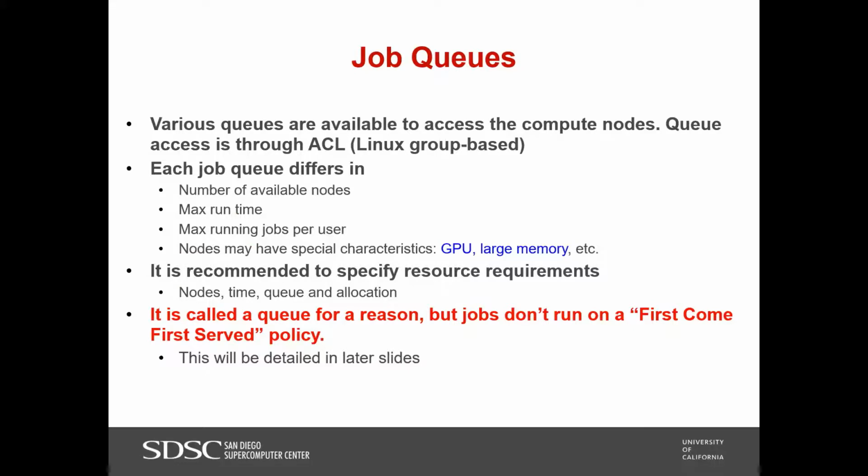So how about we learn some job queue knowledge first? Various queues are available to access the compute nodes. The queue access is through the access control list. Remember I mentioned earlier, your Linux group determines which queues you can submit your job to.